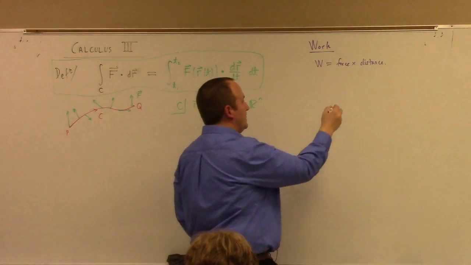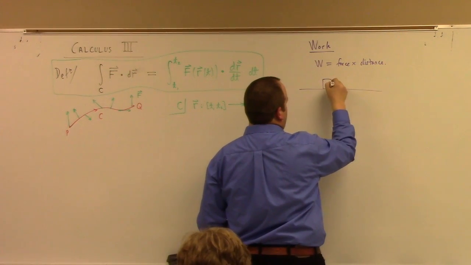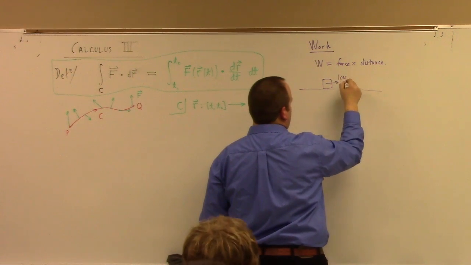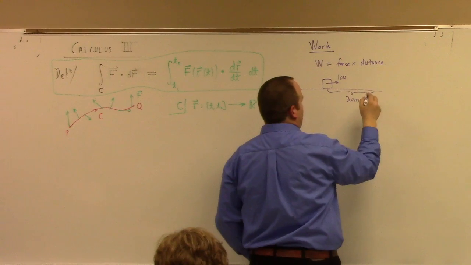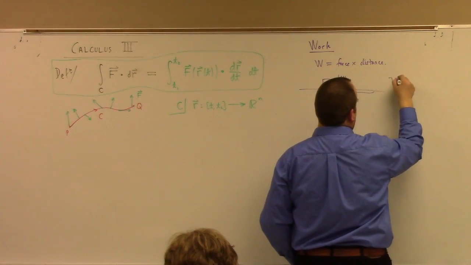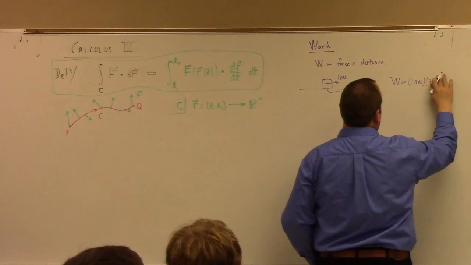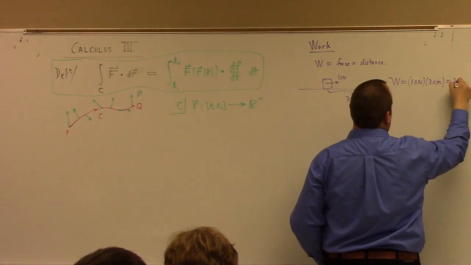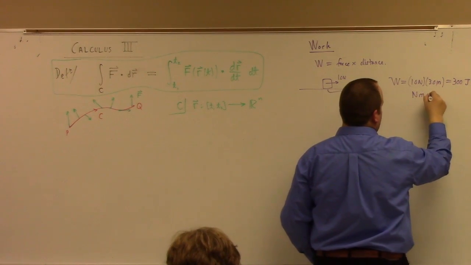For example, if I take Mr. Top Hat here and he puts a force of 10 newtons on a box and that box goes 30 meters, then the work is just equal to 10 newtons times 30 meters. Bam, you've got yourself 300 joules, because a newton meter is equal to a joule.